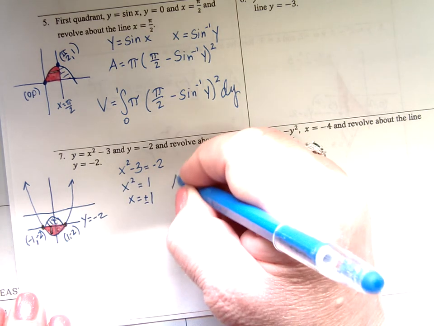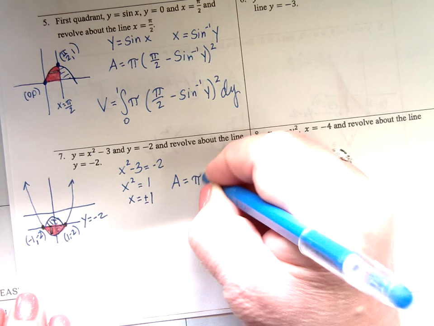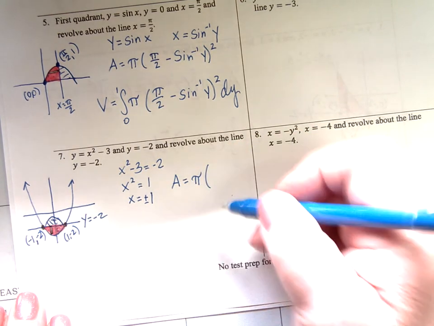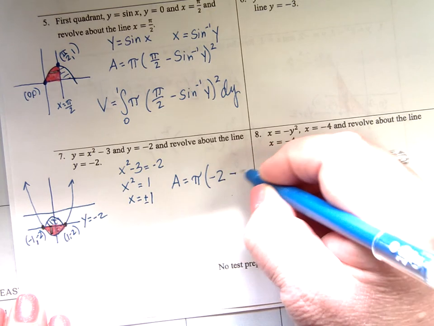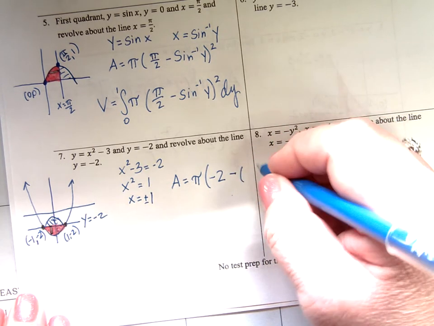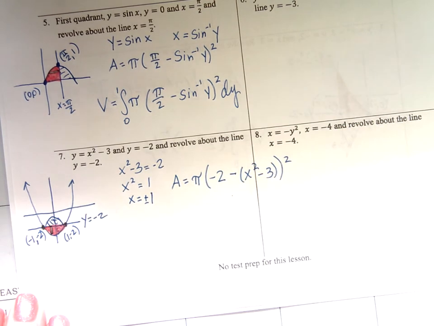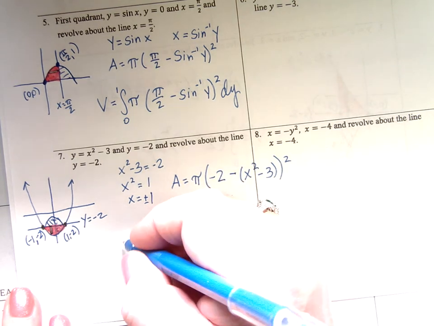Area is pi r squared. What's r? Top minus bottom. Well, the top hits negative 2 minus the bottom, which is the parabola, x squared minus 3. Watch your parentheses with this, right? You want to make sure that you've got the parentheses going on. Now I can clean this up as I put the volume together so I don't have to write it twice.